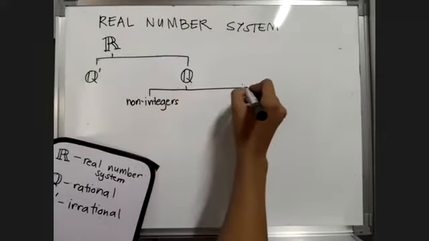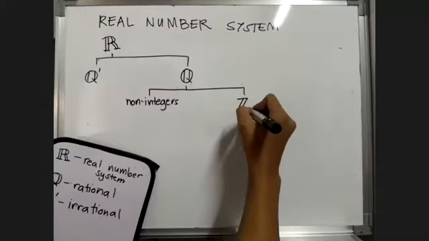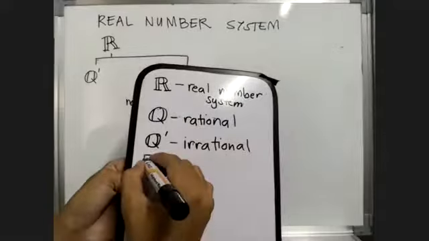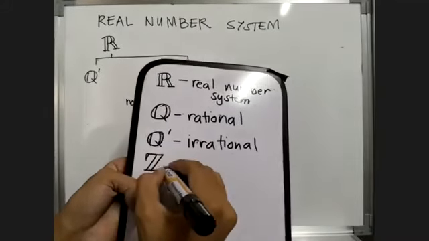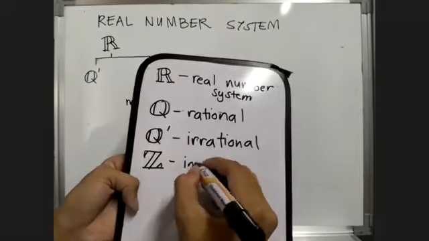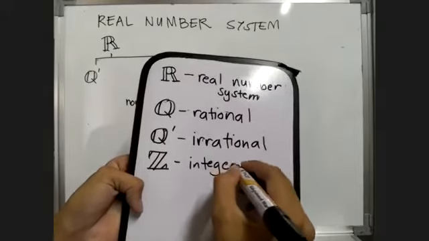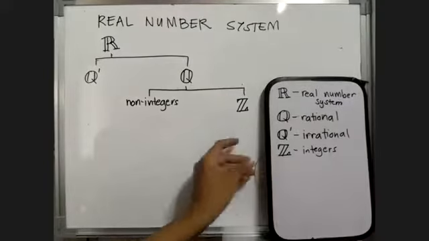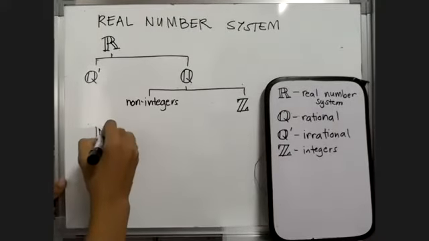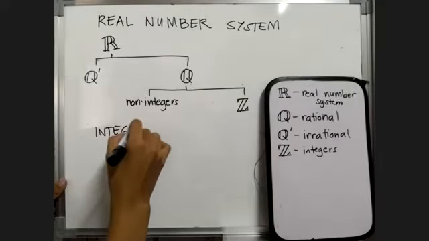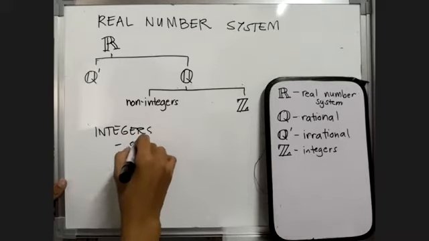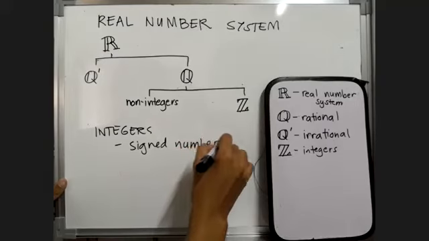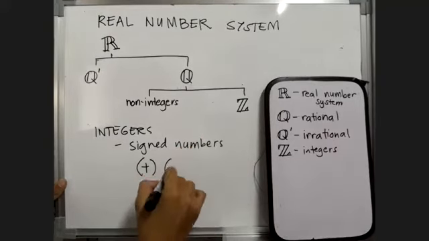And we have integers. So, si Z, si integers. Okay, sabi ko nga kanina, si integers, siya yung mga signed numbers. Okay, so yung may sign na positive and negative.